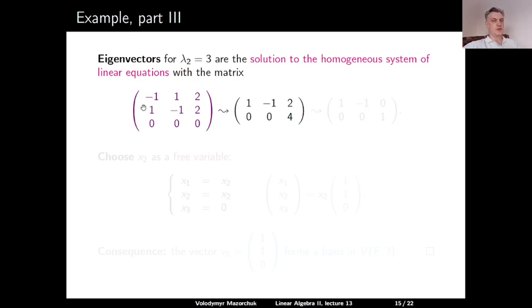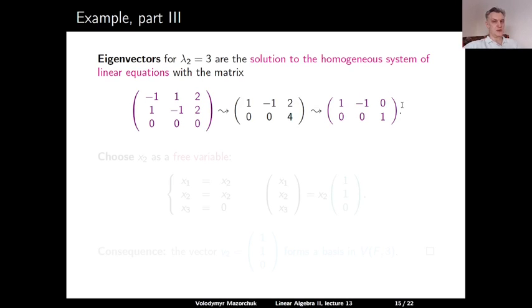Here we can swap row 1 and row 2, and at the place of row 2, we add them. So we get (1, minus 1, 2) and (0, 0, 4). Now we divide row 2 by 4 and use the 1 which we get here to kill the 2 above it. So we get the matrix (1, minus 1, 0; 0, 0, 1).